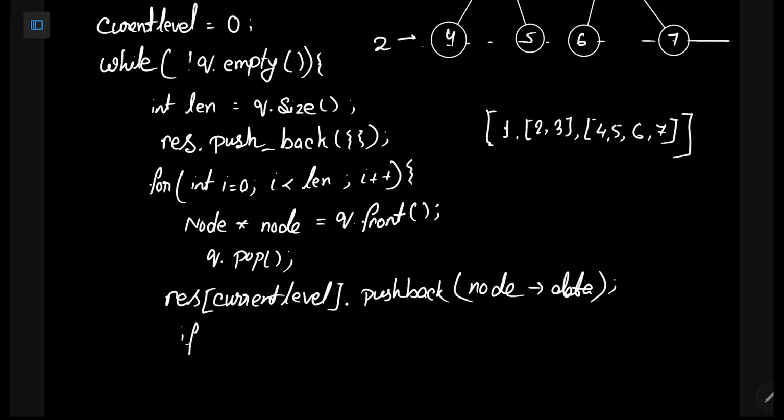Then after that we will also check if node's left is not null, then we will push the left value in the queue.